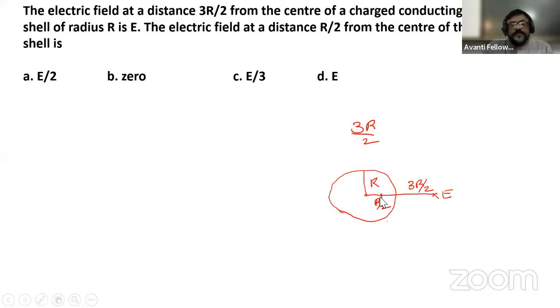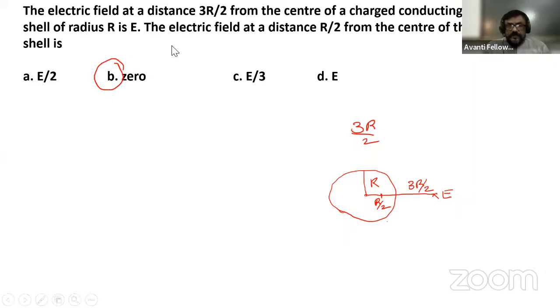So inside the shell, the electric field will be 0. The distance of the point from the center is R by 2, that is half of the radius. Obviously, that point will be inside the spherical shell, and the electric field will be 0. So our answer is this one.